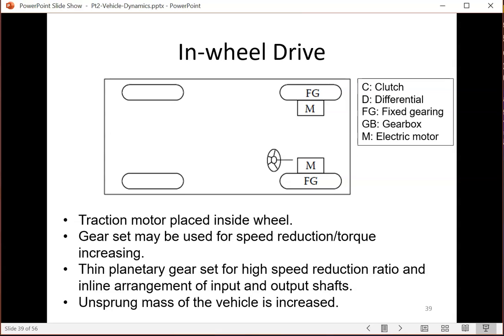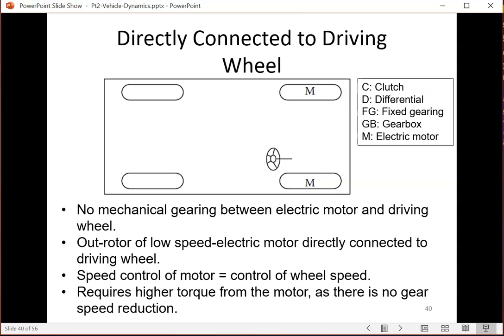It's also been proposed, or demonstrated, that it's possible to get rid of the gears altogether. You design a motor inside the wheel, so the wheel is also the motor. That would require a particular specific design, something we will get to at a later stage, typically a high number of poles for the electric motors.